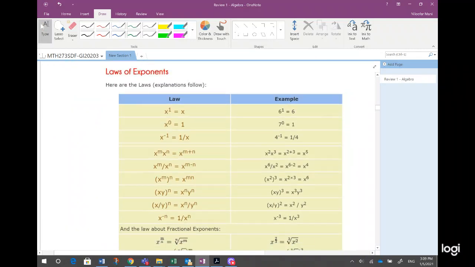Now I can go to exponent laws. Yes, exponent laws, you know them, but I just wanted to bring them here just to refresh your mind. If I have x power 1, that's x. If I have any number power 0 is 1, except infinity.